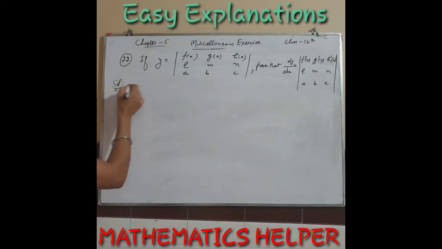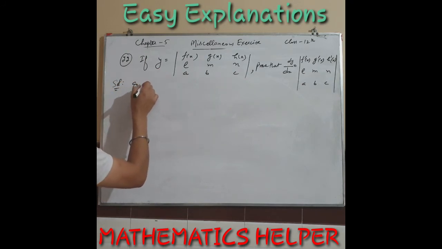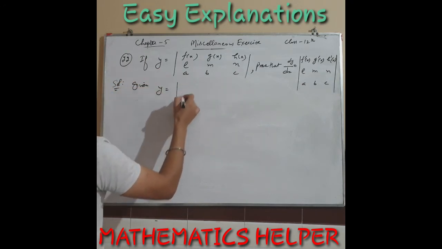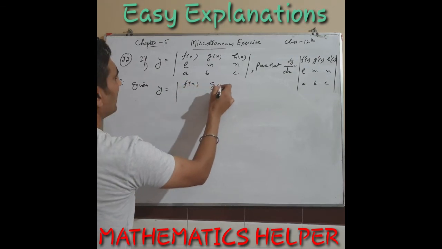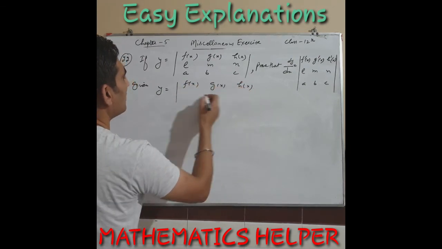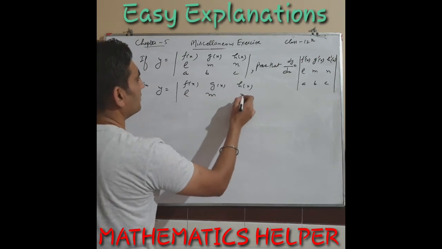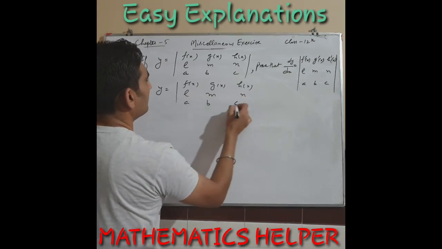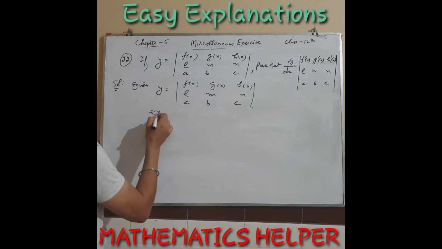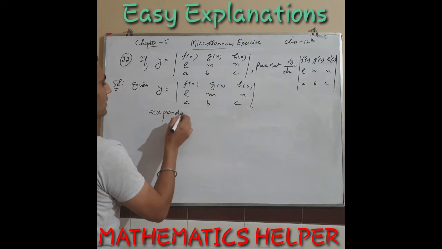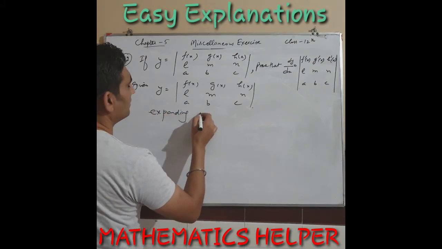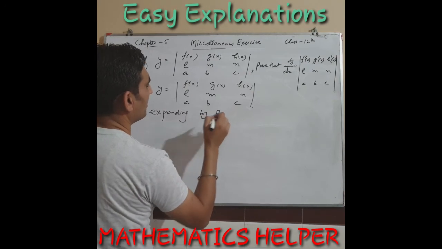So I'm going to start from the given. So given our y is equal to, students remember the way of writing it, it is very simple. See how we are able to write this calculation. Just expand it by row number 1.